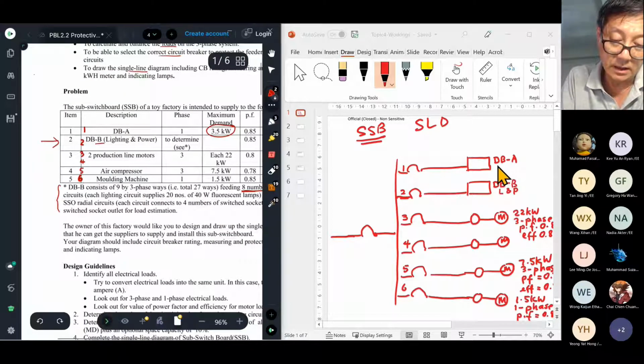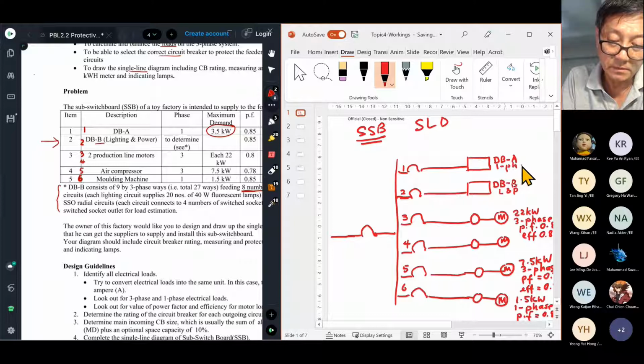I haven't really finished all. Like this one is single phase only, whereas this one is 3-phase. So each piece of this information means that I have to use the necessary method to do the calculation. Like this one is 3.5 kilowatt, and it has a power factor also.